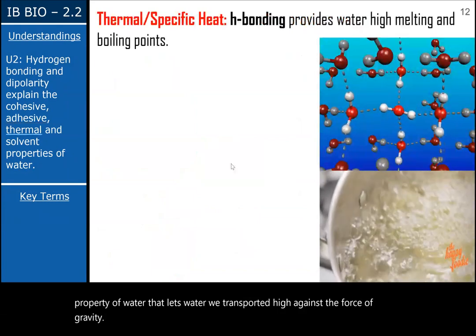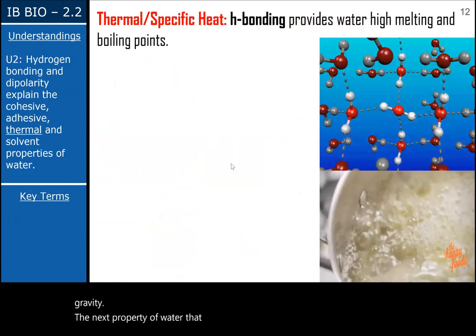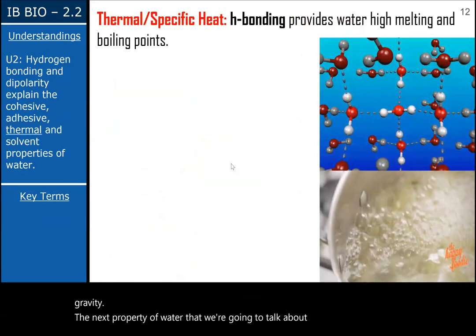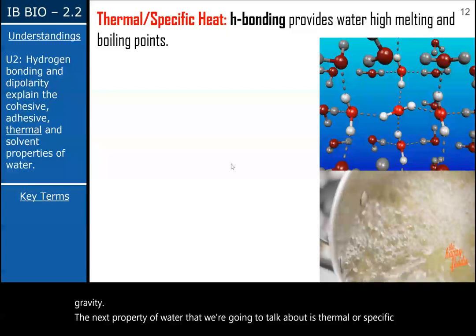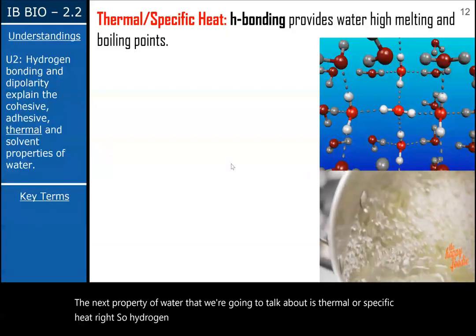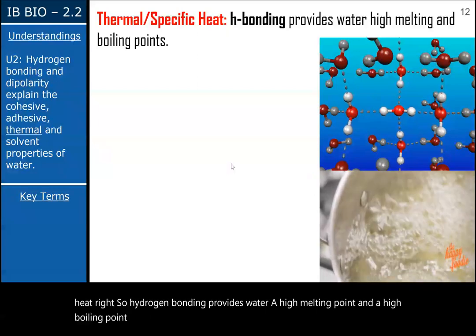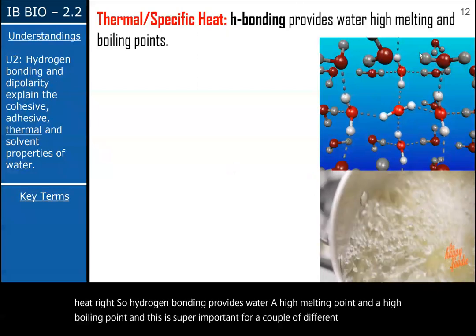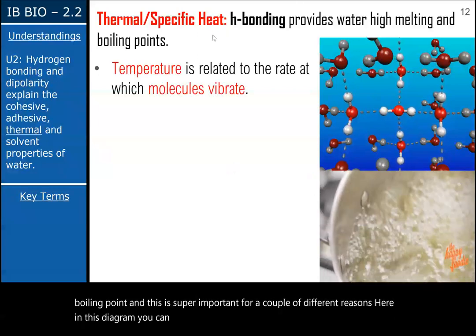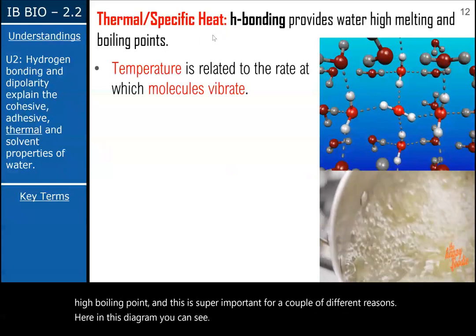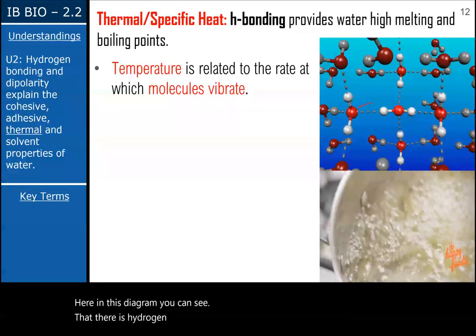The next property of water that we're going to talk about is thermal, or specific heat, right? So hydrogen bonding provides water a high melting point and a high boiling point. And this is super important for a couple of different reasons. Here in this diagram, you can see that there's hydrogen bonding between the water molecules, right?